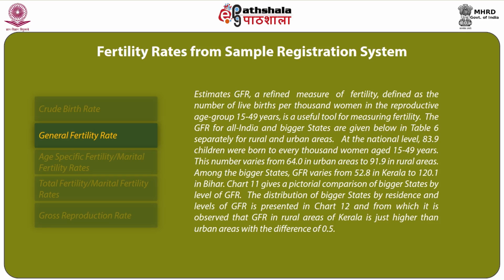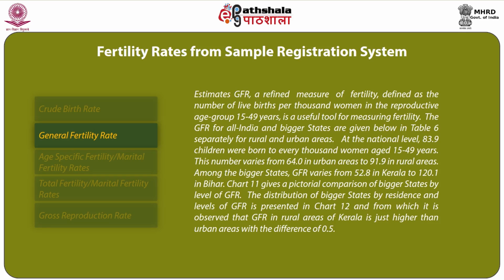At the national level, the data shows that 83.9 children are born to every 1000 women in the reproductive age group of 15 to 49 years. This number varies from 64.0 in urban areas to as high as 91.9 in rural areas.